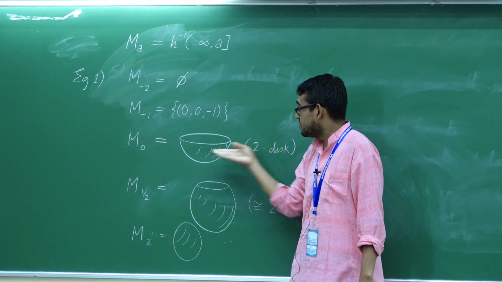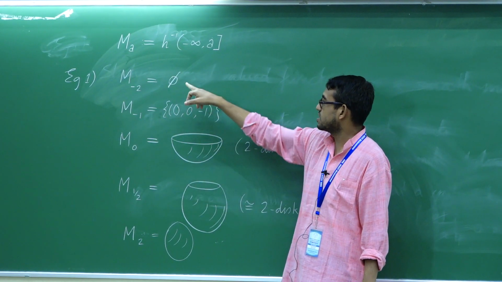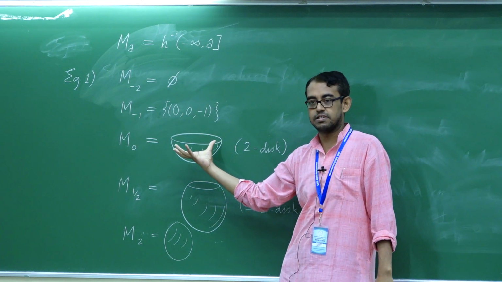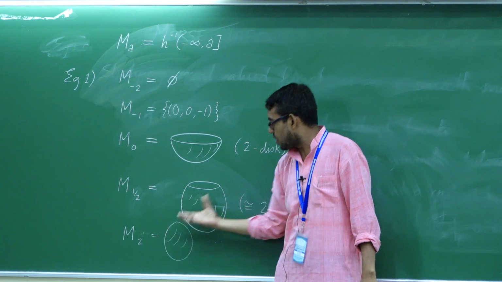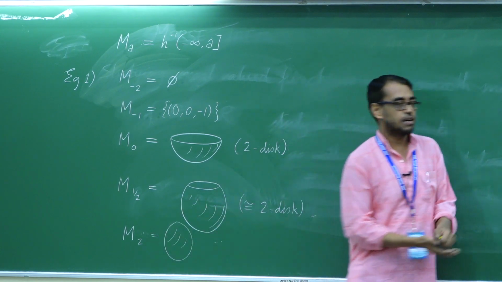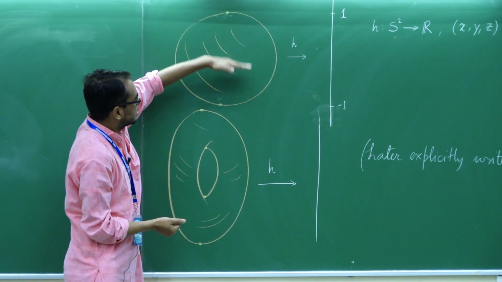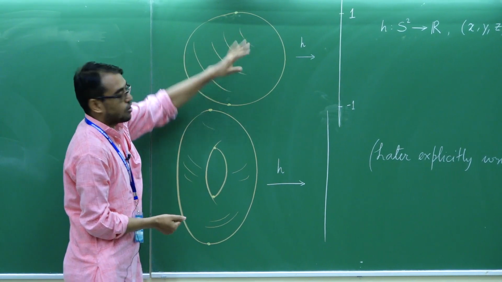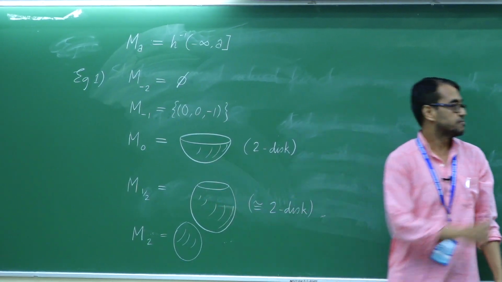If you imagine going slightly above -1 and slightly below -1, it's like there was nothing and then you create a disk. And then all these disks are the same, but once you go beyond 1, you have created the whole. So something is happening when you pass through critical points, but when you're not passing through critical points, critical values, they all look the same, at least in this example. They all look like two-dimensional disks.